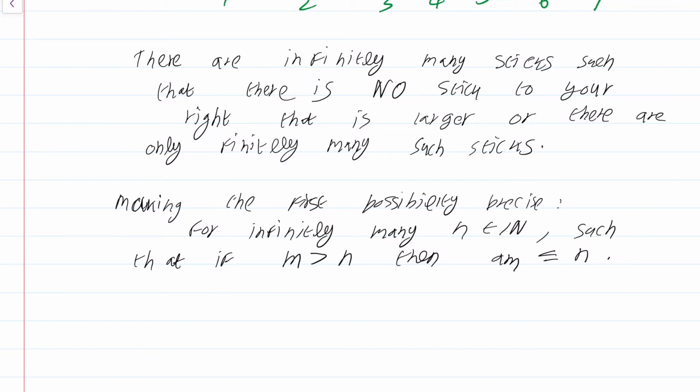Let me reword this to be grammatically precise. There are infinitely many natural numbers n such that if m is greater than n, then a_m is less than or equal to a_n. Okay, this is the first possibility.